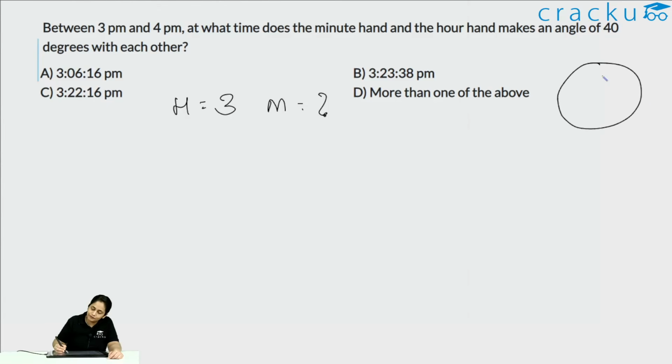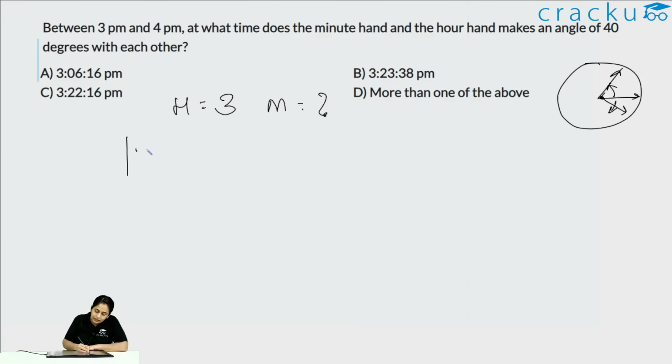In fact, we can see immediately that there will be two times, firstly because of the modulus in that formula, and secondly because if it is 3 o'clock, one time the minute hand is behind by 40 degrees, and the second time the minute hand is ahead by 40 degrees. So there will be two such positions.